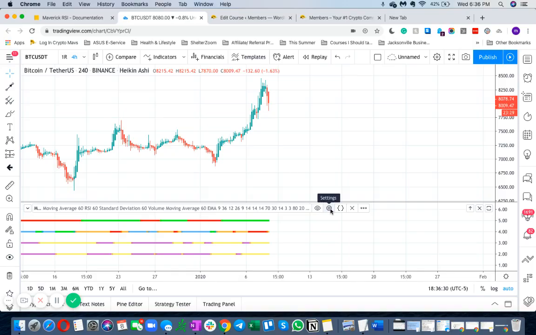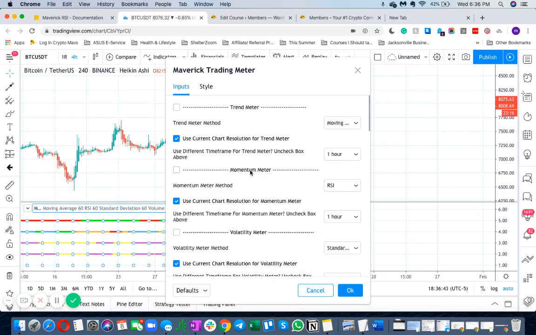You wouldn't really want to use an RSI and a stochastic together necessarily, because they're telling you the same information, just in a slightly different way. So what you'd want to do is use maybe a momentum indicator with a trend indicator, or a momentum indicator with a volume indicator, or something like that. So you can actually have complementary indicators telling you a different side of the story, if that makes sense.